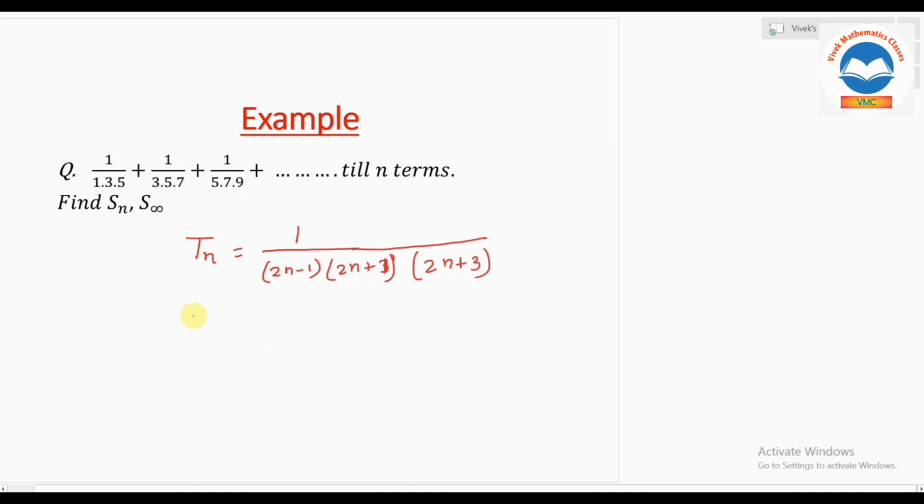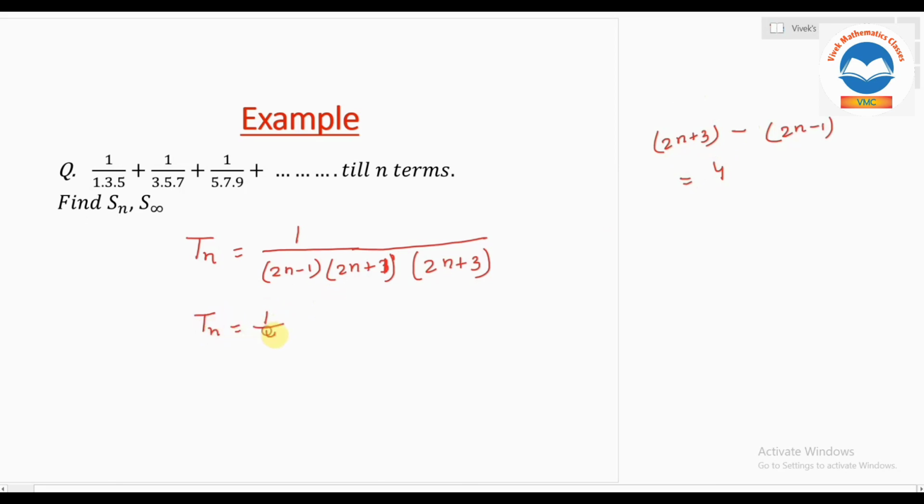Now this also we will convert in terms of the numerator as last minus first. So what is our last term? 2n plus 3 minus the first term, 2n minus 1. If you subtract, how much will you get? 2n will be cancelled out. 3 plus 1 is 4. It means basically we need to multiply and divide by 4. So what will be your Tn?